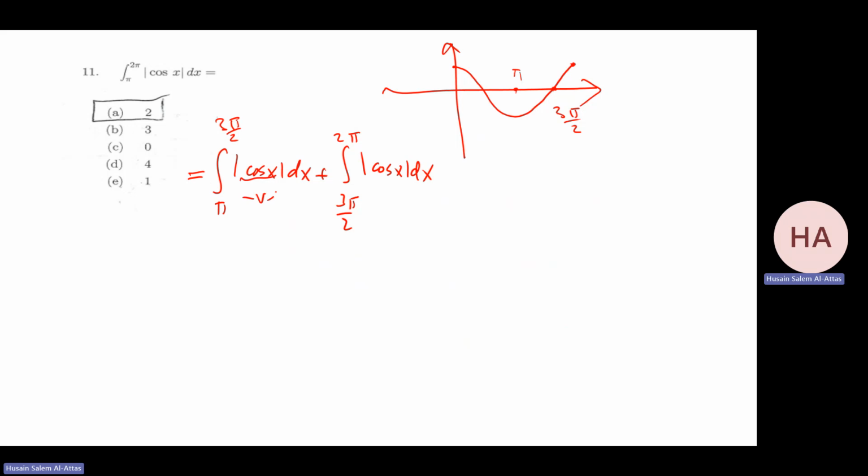This is negative, but this is positive. So that will be integral of minus cosine x from pi to 3 pi over 2 to get rid of the absolute value. This is cosine x from 3 pi over 2 to 2 pi.